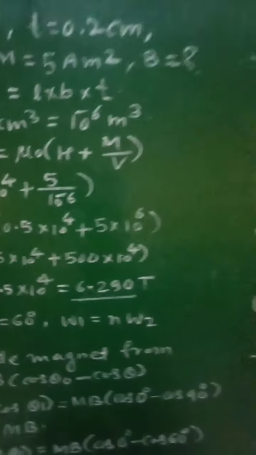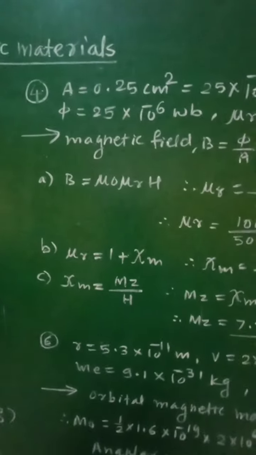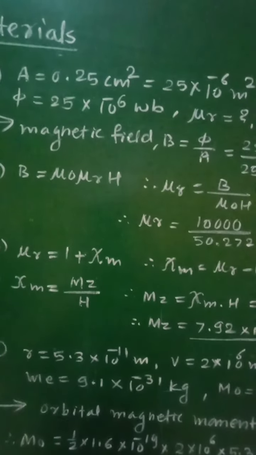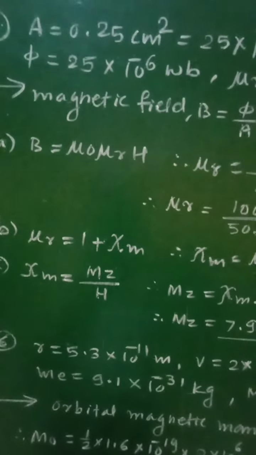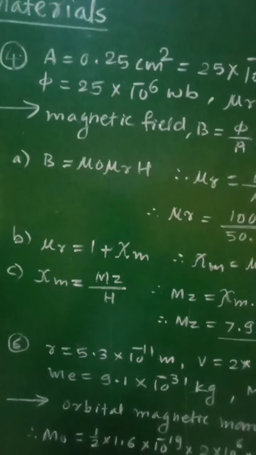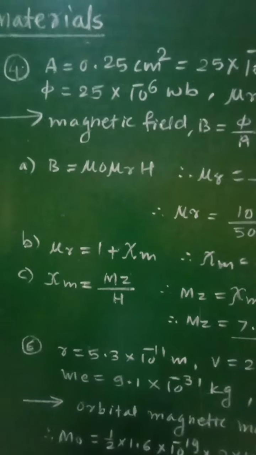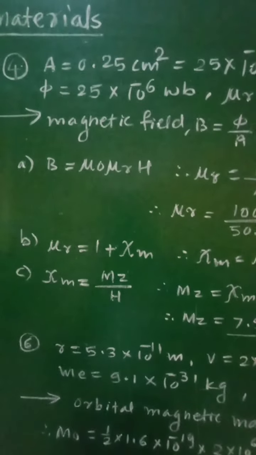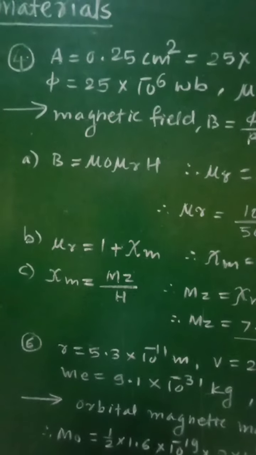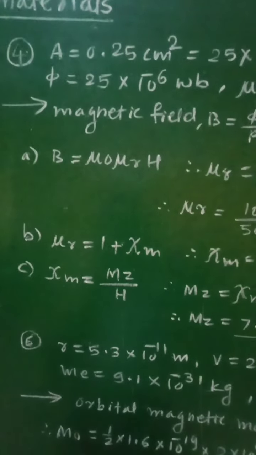Then we will go for the next numerical, that is numerical number 4, which is given as: a rod of magnetic material of cross section 0.25 centimeter square is located in a 4000 ampere per meter magnetizing field.